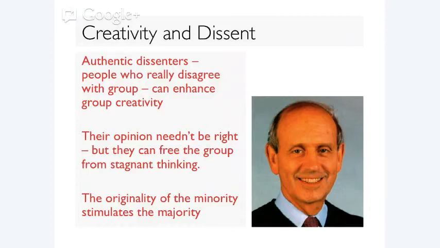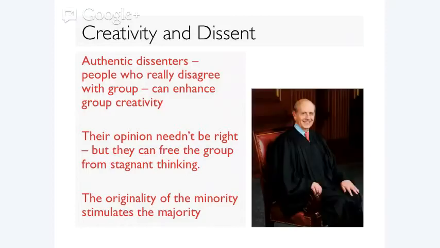Does anyone know who this is, by the way? No? All right, you've got to brush up on your civics. This is Stephen Breyer, Supreme Court Justice, and he was actually born in San Francisco. When he grew up, he would debate Jerry Brown in high school, and I think on the Supreme Court, it's really important to have these dissenting opinions, right?